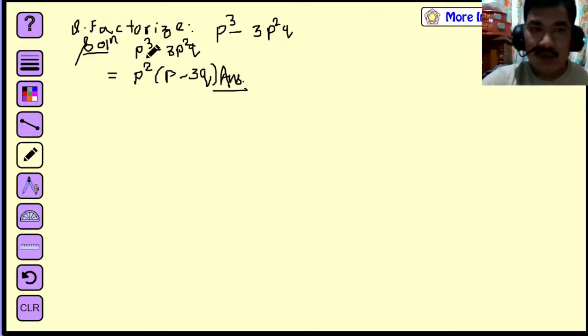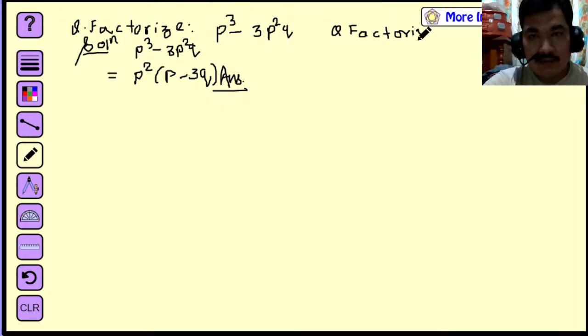Now look, children, how to do the next question. I am going to show you. The next question is also factorization. Factorize: there are two terms.